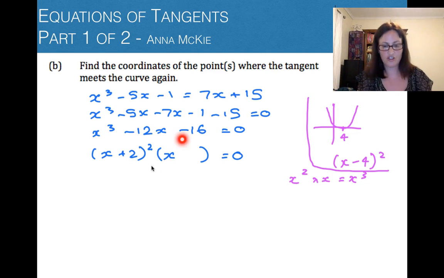Now look at the constant term. We have -16. When you expand out brackets, most of the terms are going to have x's or combinations of x's in them. The only way that you could get a constant term is by multiplying numbers, nothing with an x in it. And so the only other position that we could have a number in is next to the x here. So you have to ask yourself, when I multiply this number by this number, I'm going to end up with -16.